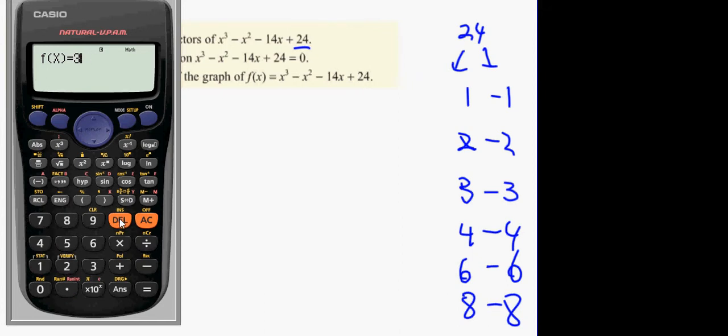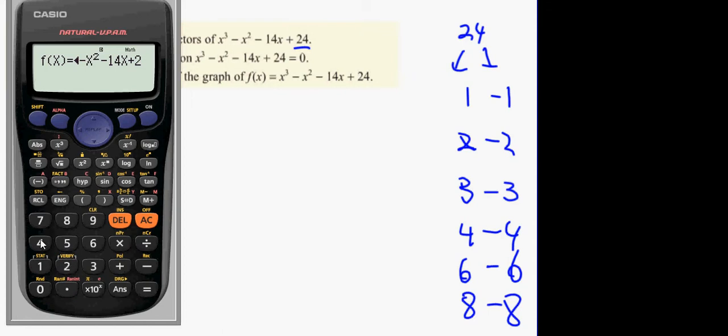So it's going to be x cubed minus x squared, okay, alpha x squared plus minus 14x and plus 24.